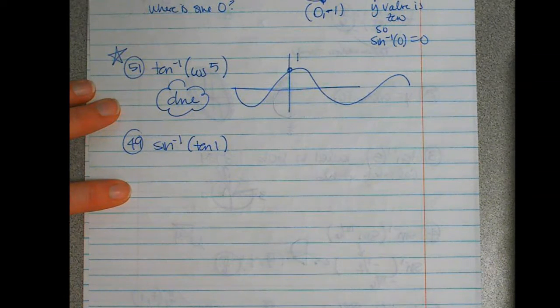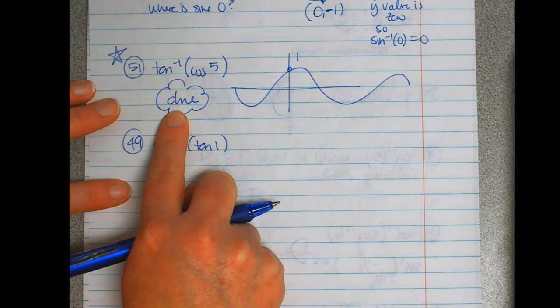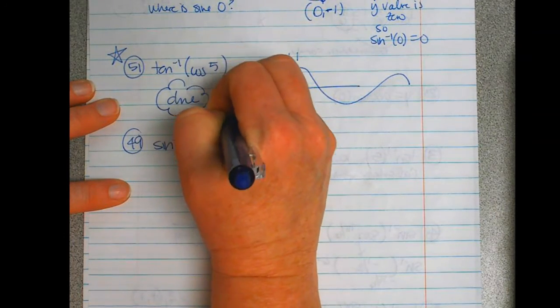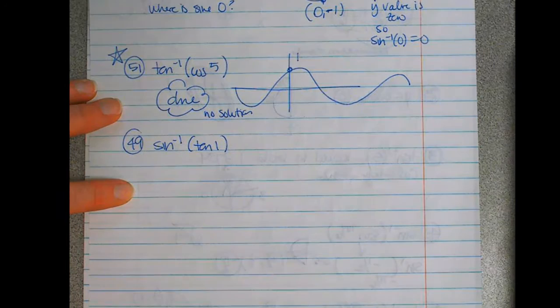Wait, 51? This is 49. I know, but it says this does not exist, or you could write no solution. On the calculator it says 0.2764 for 51, cosine of 5.